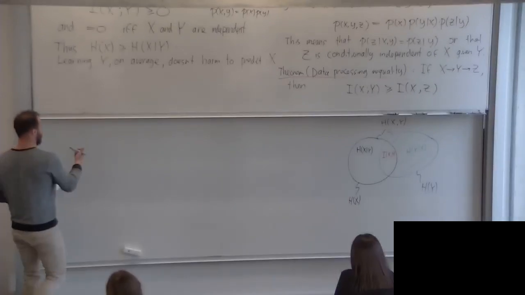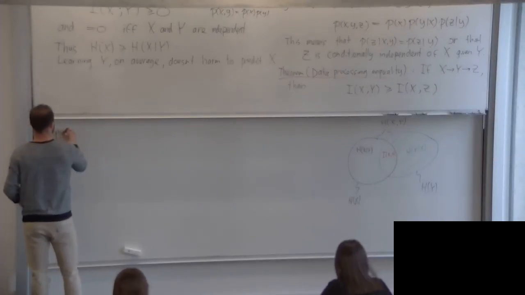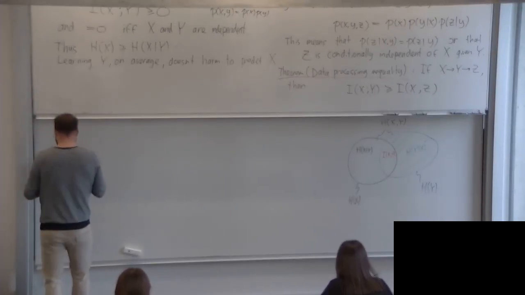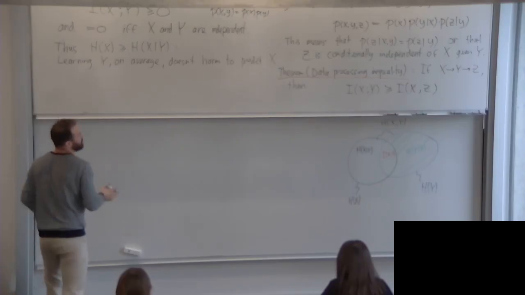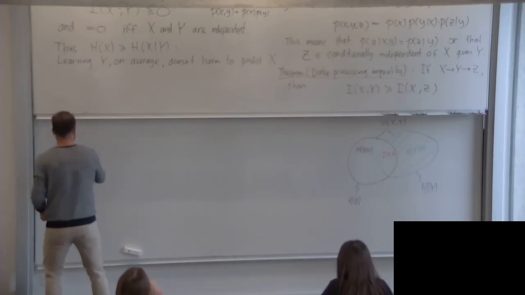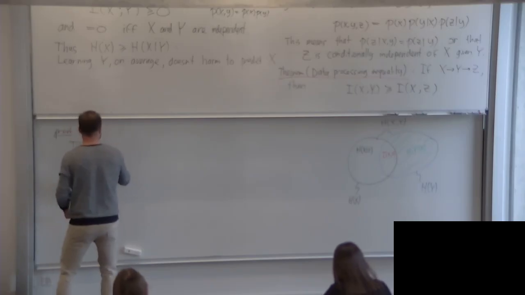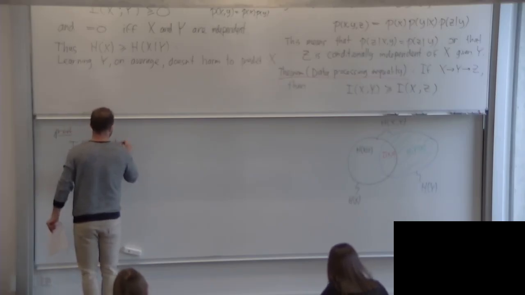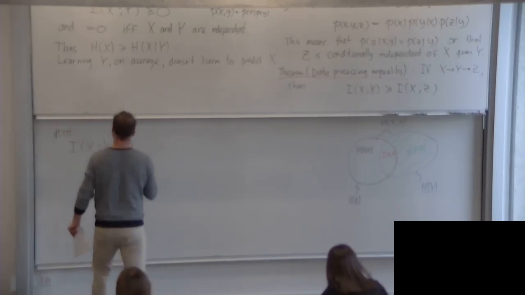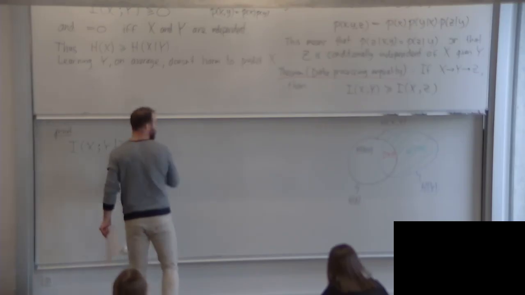Great. Where was I? Okay, so the proof. It seems like I'm going out of nowhere, but let's do it. Let's assume it. You have to know it. Let's look at the mutual information of x and y given z, and we will write it in two different ways.